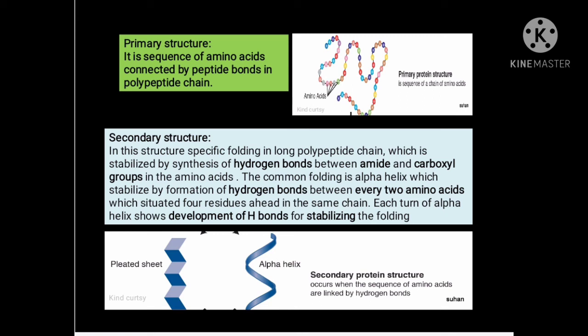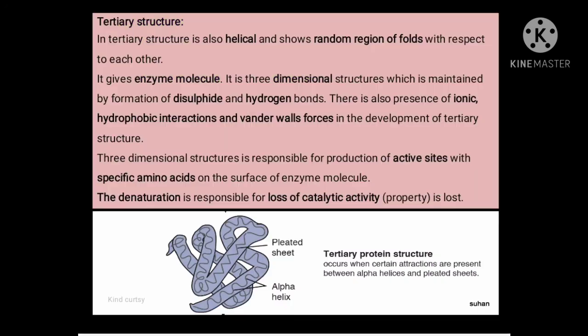The common folding is the alpha helix, and in the picture, the alpha helix is stabilized by the formation of a hydrogen bond between every two amino acids situated four residues ahead in the same chain. Each turn of the alpha helix shows the development of hydrogen bonds for stabilizing such foldings.